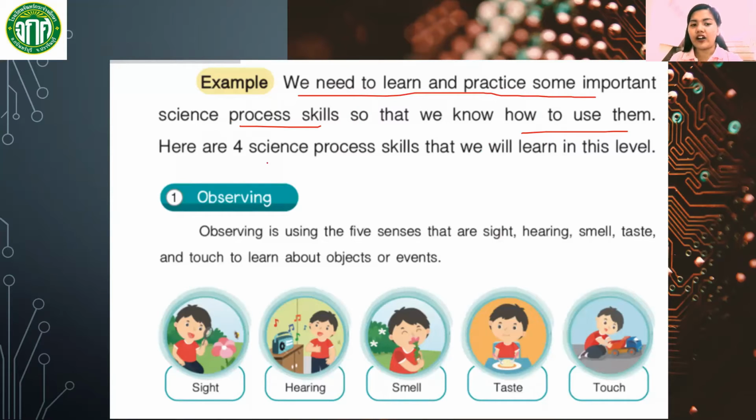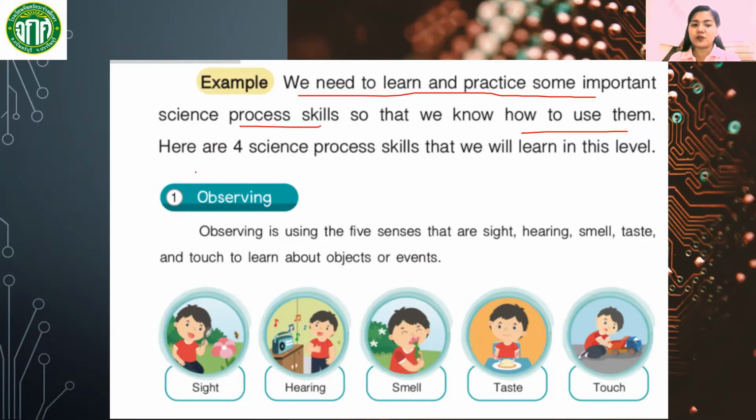Here are 4 science process skills that we learn in this level. Let's start with number 1, which is observing.